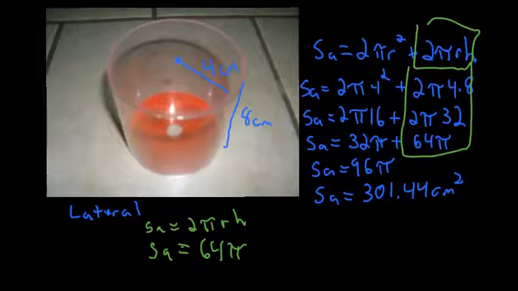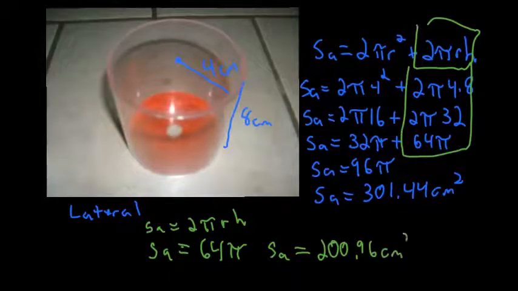So then I just do 64 times 3.14. When I work that out, my surface area is about 200.96 centimeters squared. So if you find the total surface area, it's really easy to find your lateral surface area.